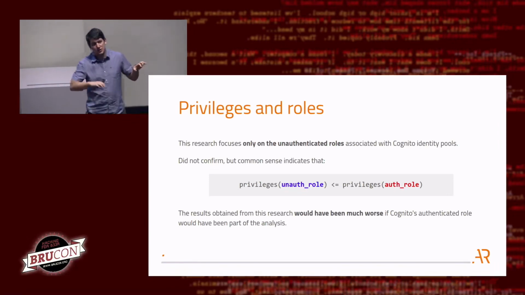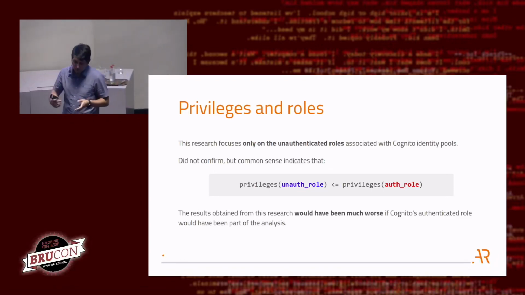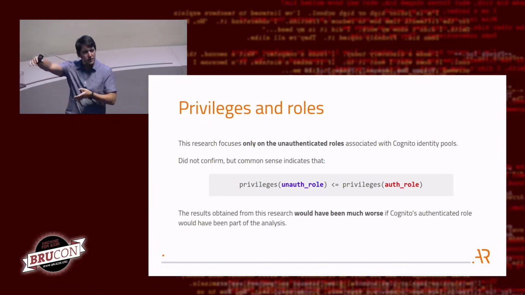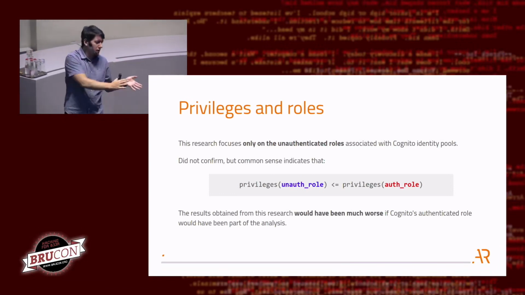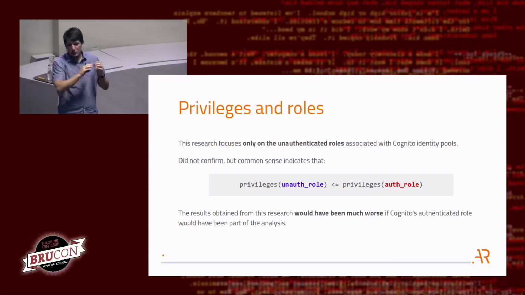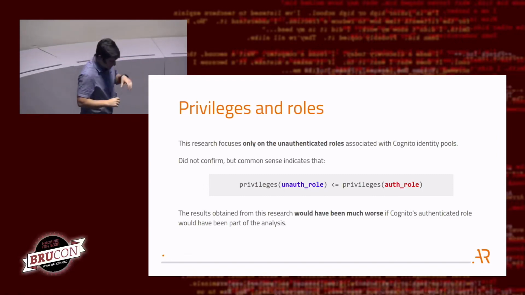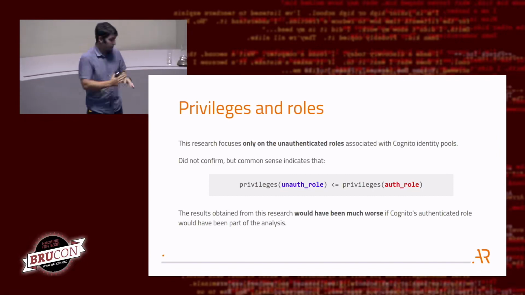In order to test the authenticated role, you need to authenticate using Facebook, Google, or some other process, and then you get the credentials. With the unauthenticated role, which is what I tested, you don't need to authenticate, and you get the AWS credentials.